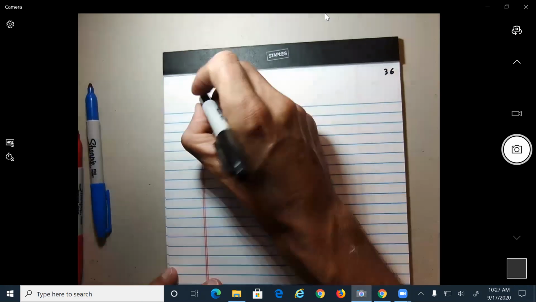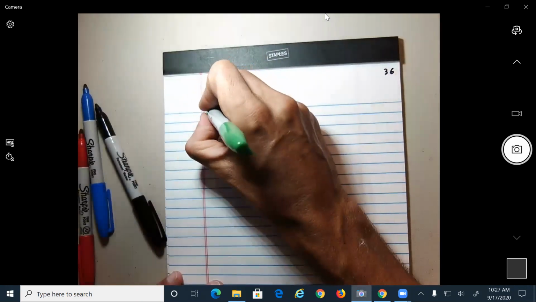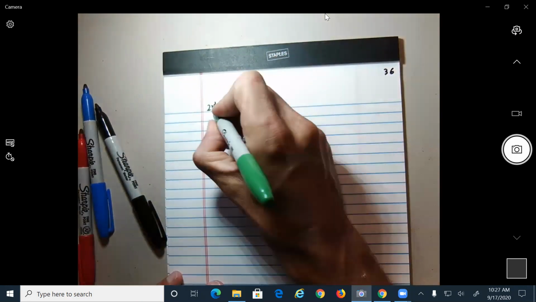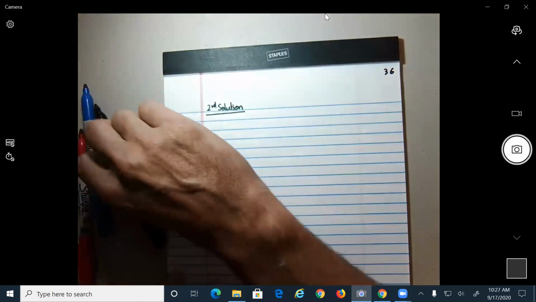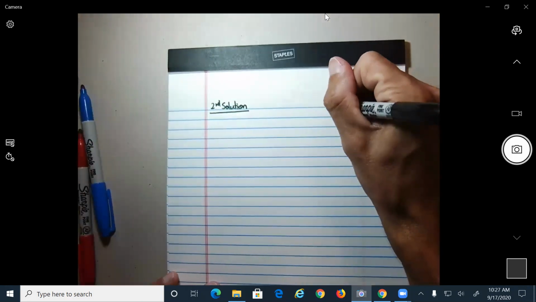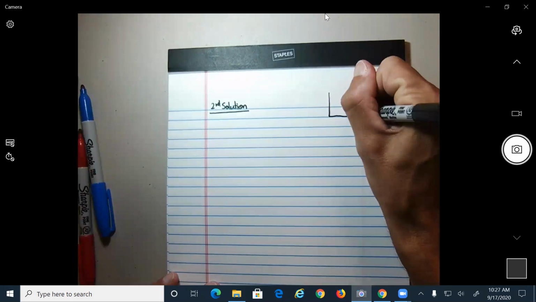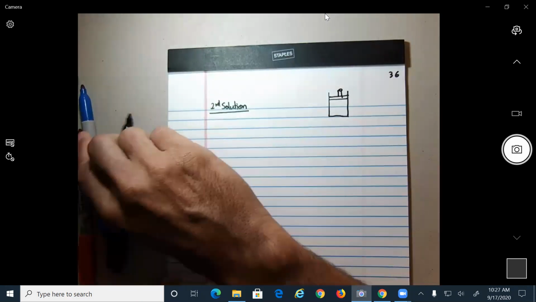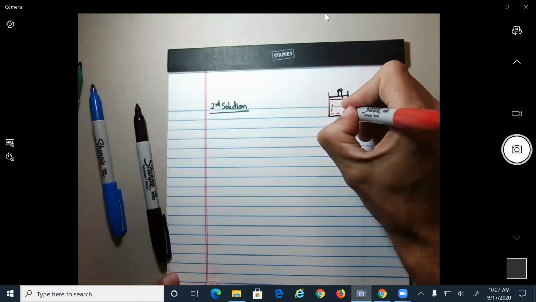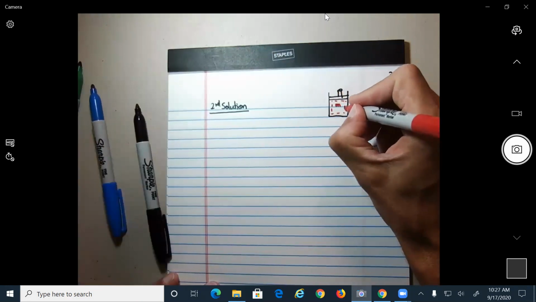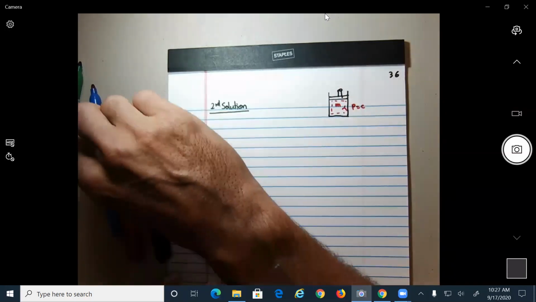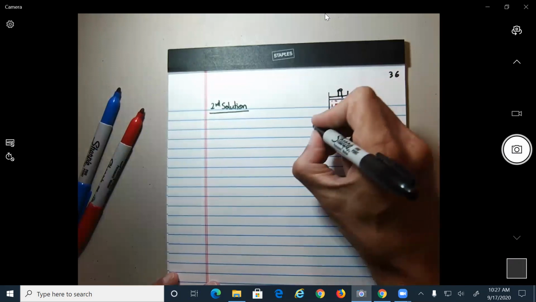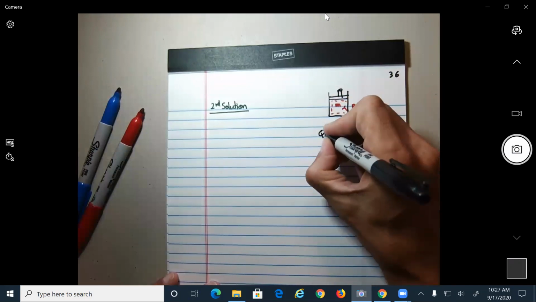Okay, and the second solution, as one of you clearly mentioned, is that if we have our piston cylinder assembly, constant mass, P constant, by definition here, what could you do? You could say that Q minus work is equal to this.